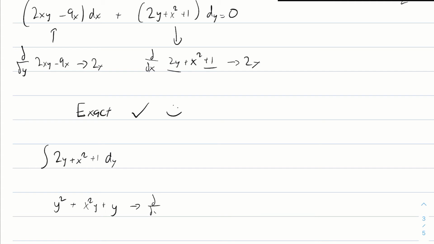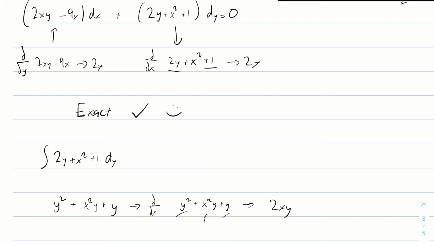We're just going to do the partial derivative with respect to x. That should give us 2xy, because the other terms don't have an x in them, so they don't matter. That one does.